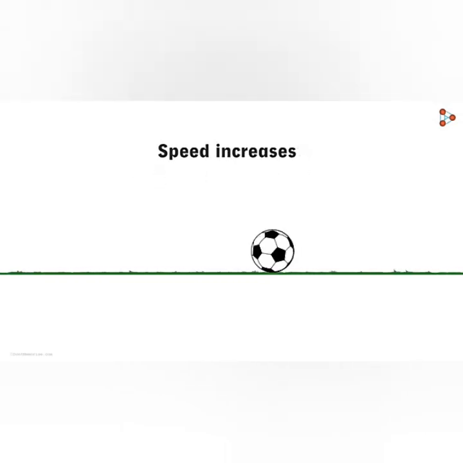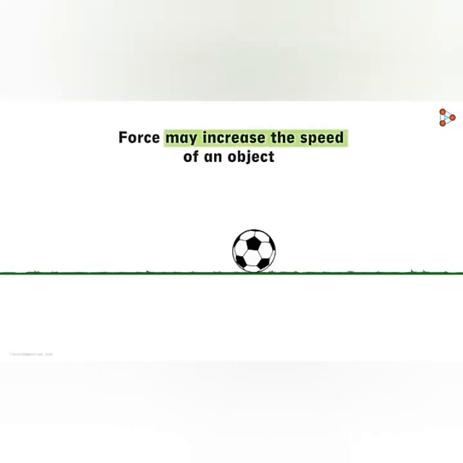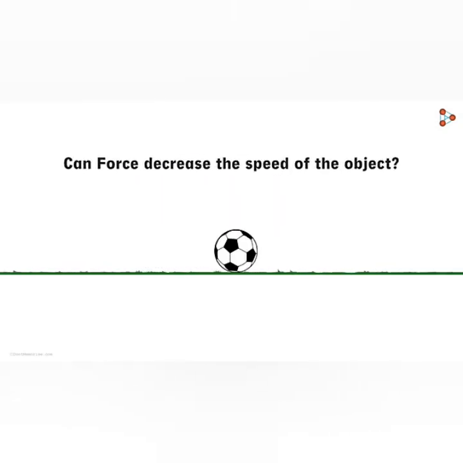When force is applied in the same direction as the motion of an object, the speed of the object increases. It's clear that when force is applied in the same direction of the motion of an object, the speed of the ball or an object increases.